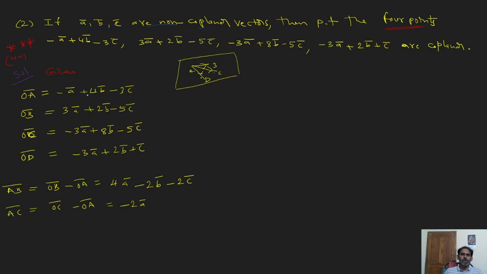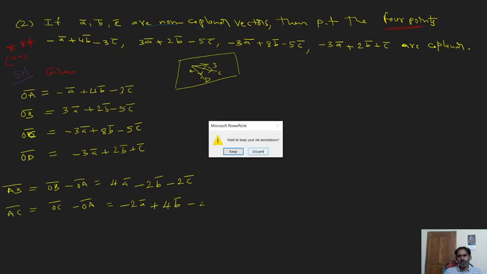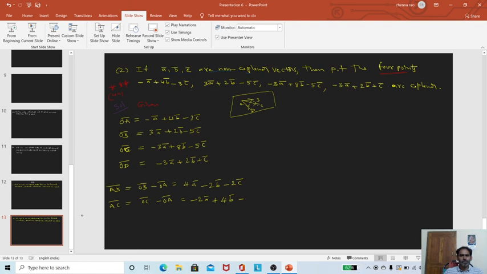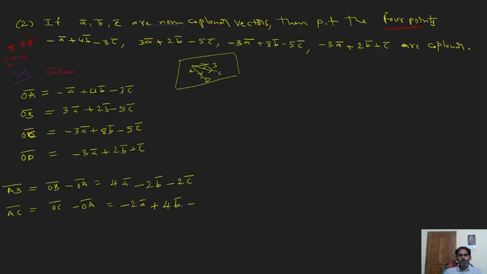Next 8B minus 4B, plus 4B. Minus 5C plus 3C, minus 2C bar.